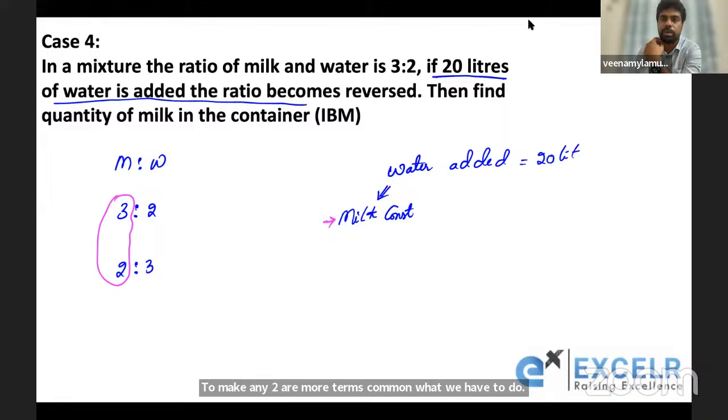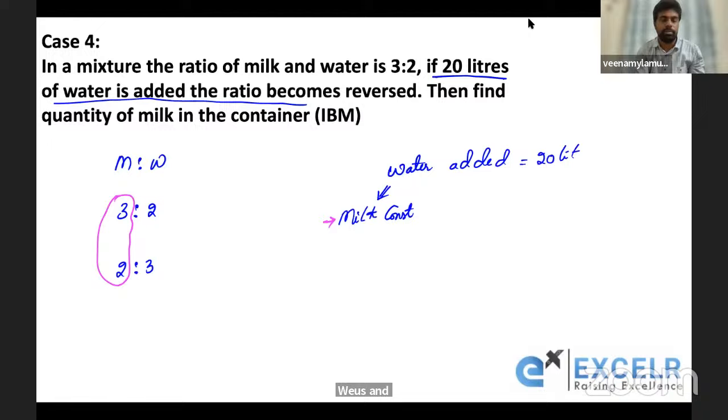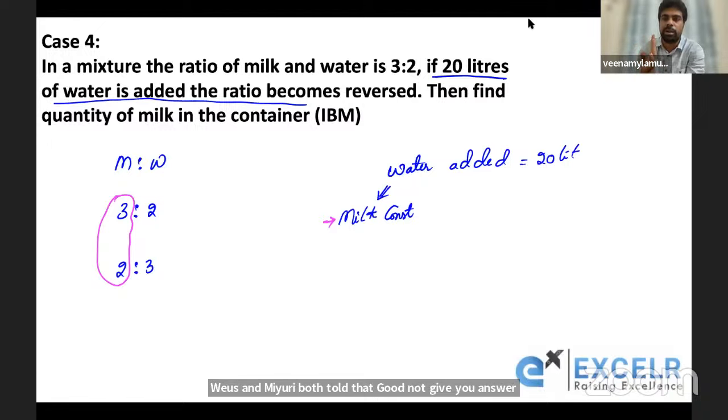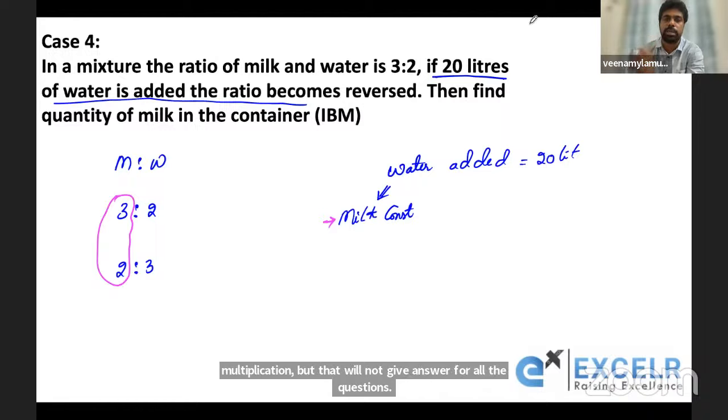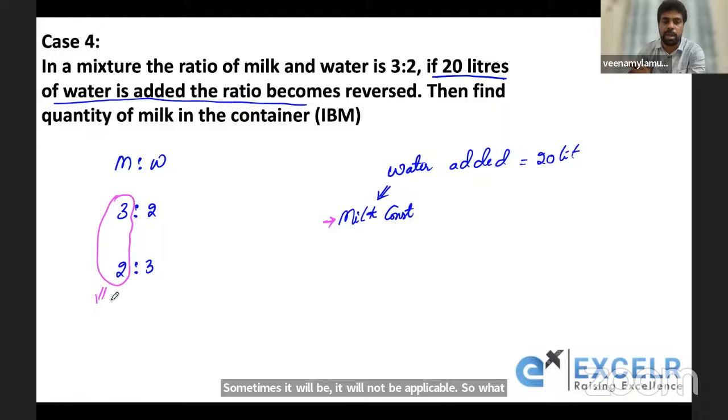Yesterday I told you, cross multiplying will give you the answer, but it will not be applicable in all cases. Most people will say cross multiplication, but that will not give the answer for all questions. Sometimes it will not be applicable. So to make any 2 or more terms common, we'll always take the LCM.